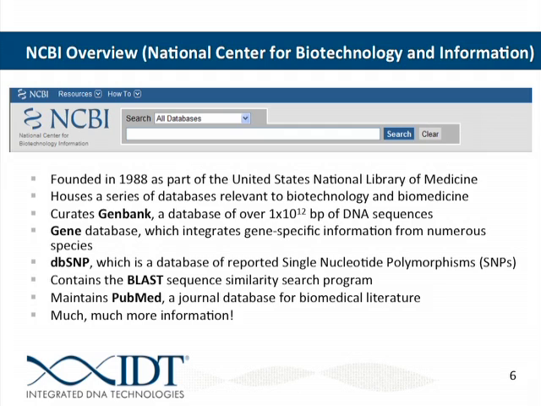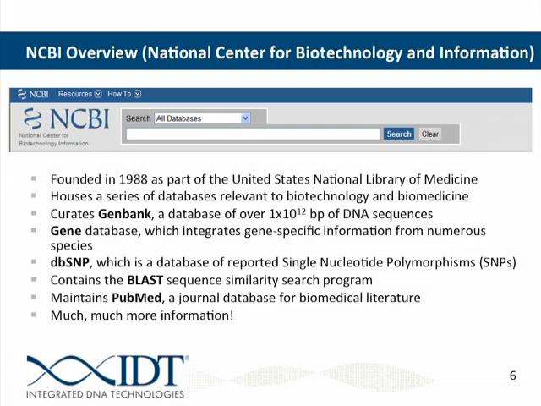So the NCBI, or National Center for Biotechnology Information, was founded in 1988 as part of the United States National Library of Medicine. And it houses a series of databases that are relevant to biotechnology and biomedicine. These include GenBank, which is a database of over 1 × 10¹² base pairs of DNA sequences.